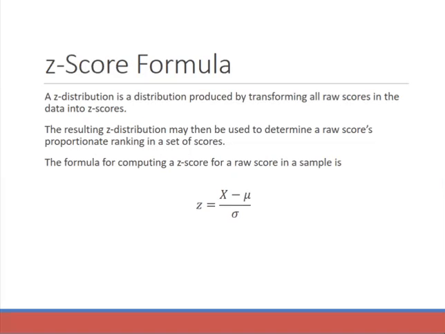And this is the formula for computing a z-score from a raw score. Okay, so z equals x minus mu divided by the standard deviation. We are looking at how the deviation from the mean compares to the standard deviation. So we have this standardized distance from the mean.